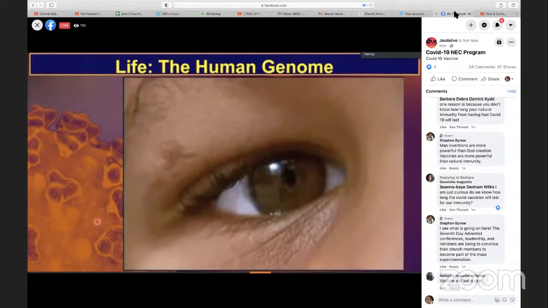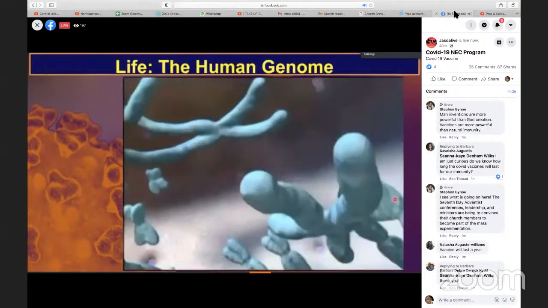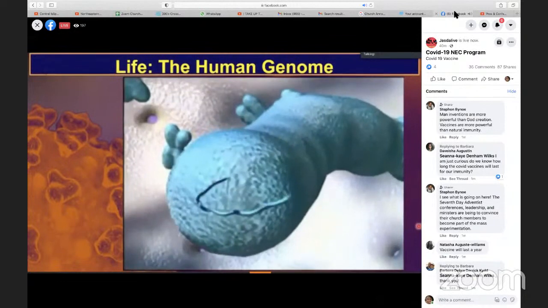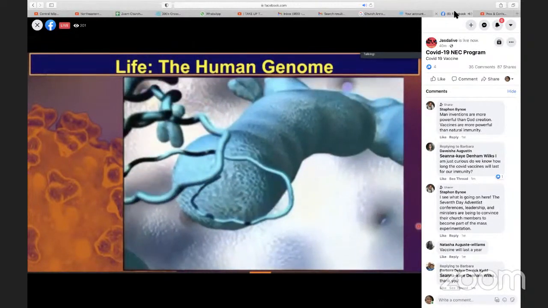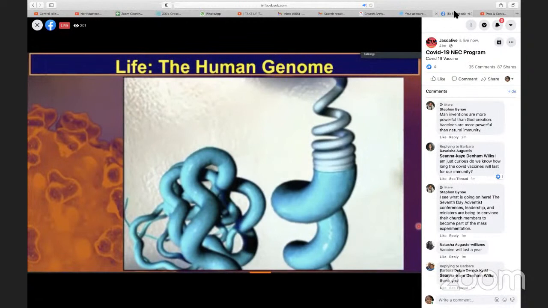If we could journey inside ourselves into a cell, we would see 23 pairs of chromosomes packed into a nucleus. Each chromosome contains a long coil of DNA. If all the chromosomes were unwound, the DNA in just one of our cells would stretch 6 feet long.